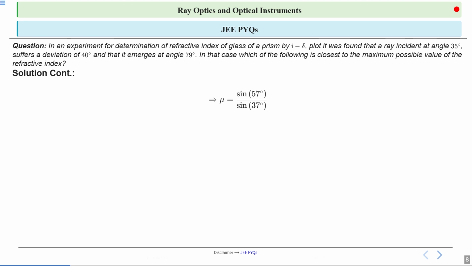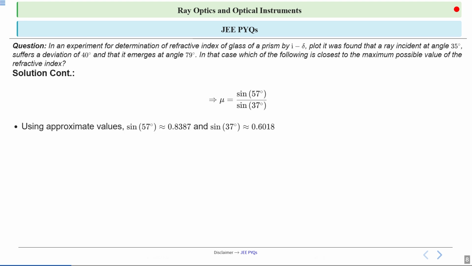So we use the formula for refractive index, which is given by the ratio of sine of angle of emergence to the sine of angle of incidence. Okay, so that is the formula for finding refractive index when refraction is happening through one phase. Okay, so here we have the equation mu equals sine of 57 degrees divided by sine of 37 degrees.